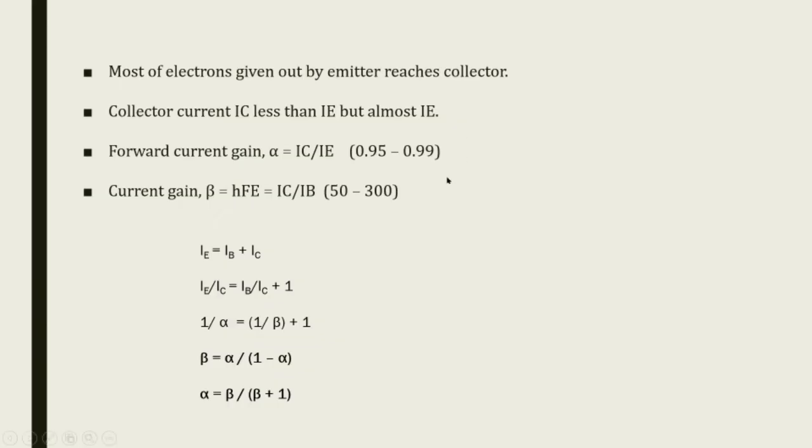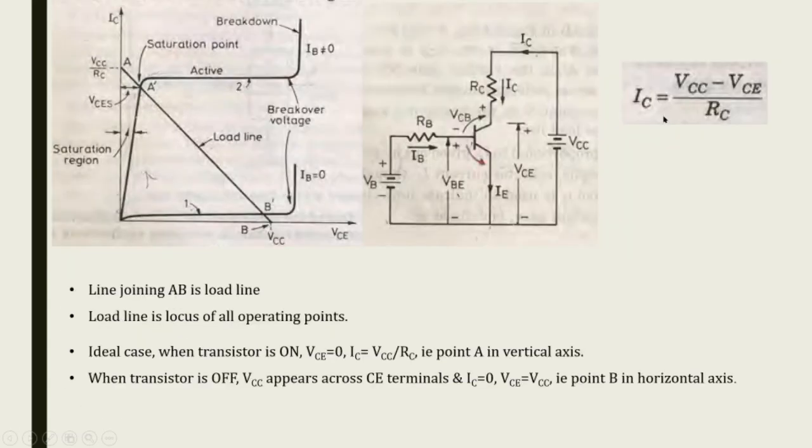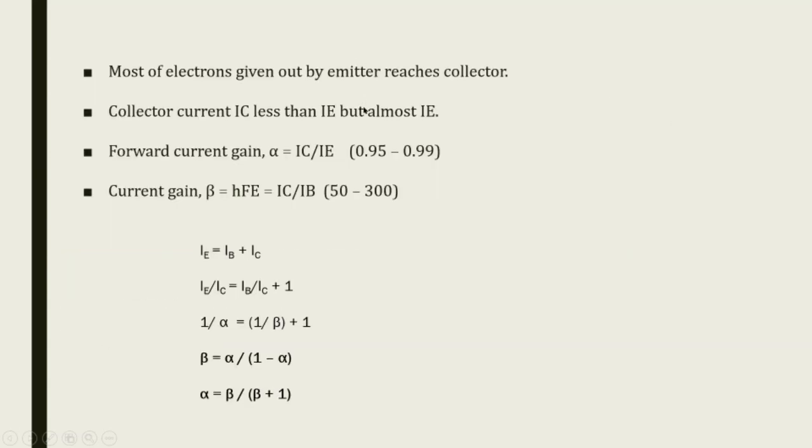Also we have seen in the previous figure that most of the electrons are emitted by the emitter, some recombine in the base, and the remaining reach the collector. So the collector current will be less than the emitter current I, but almost equal to it, because a small part of the electrons recombines in the base section.